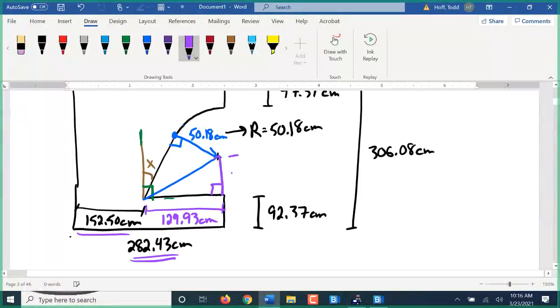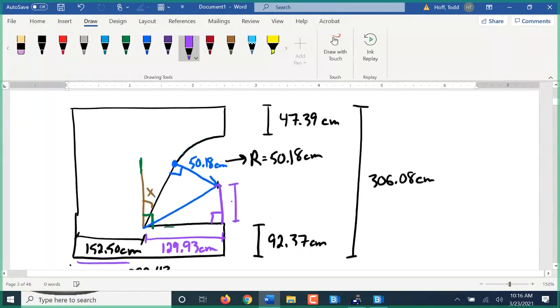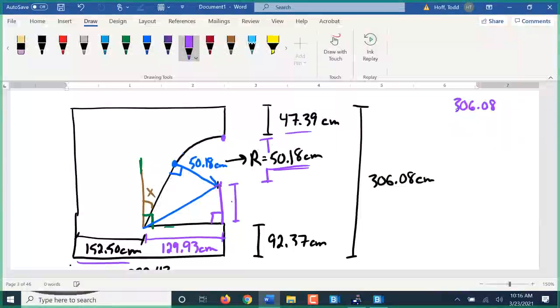I also can find this distance here because I know from here to here is just a radius of a circle. That is 50.18 from there to there. I can subtract from the 306.08. The 306.08, I'm going to subtract the 47.39. Well, if I subtract that, I have 258.69.